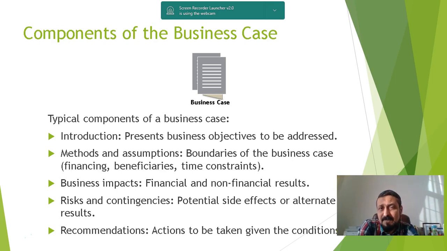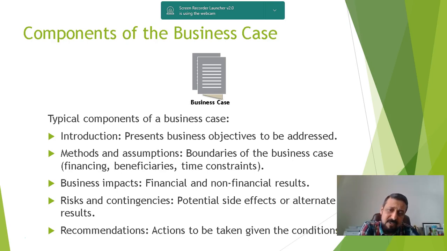Typical components of a business case would include an introduction section where you talk about the business objectives to be addressed. Then you need another section around methods and assumptions. This will talk about boundaries of the business case, the financing aspects, the beneficiaries, and the time constraints.